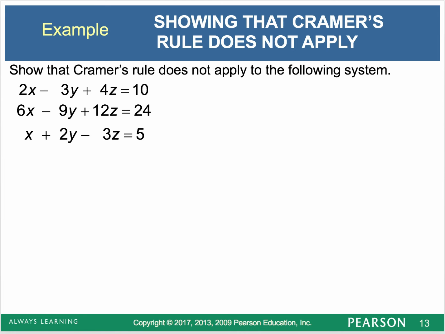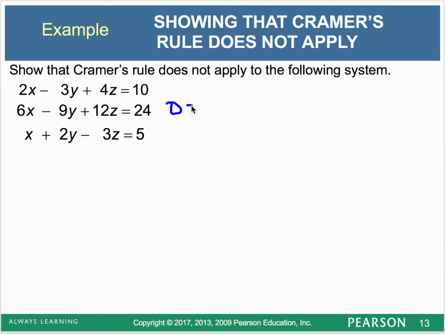Now they're saying show that Cramer's rule does not apply. You might have some on your homework that say that, but on the test they're not going to say that. You've just got to know what it means that Cramer's rule doesn't apply. So you would start out like normal.